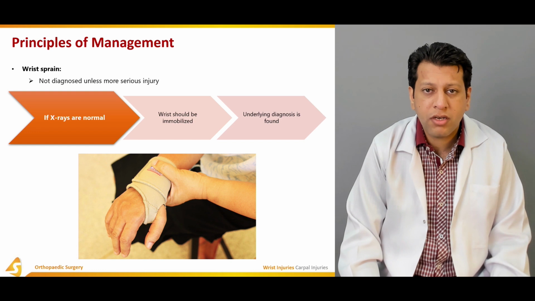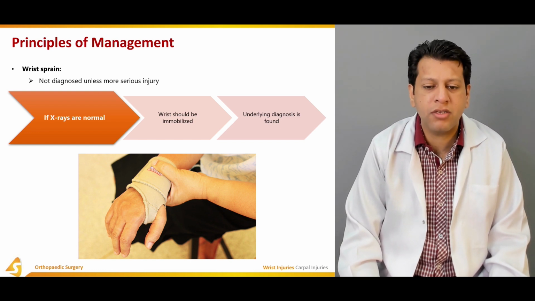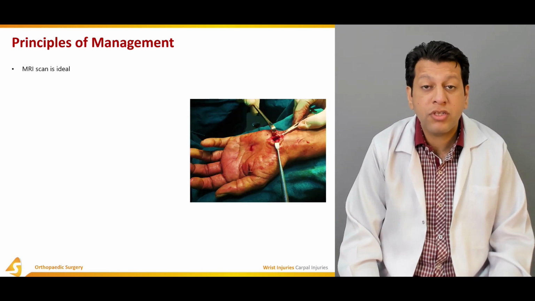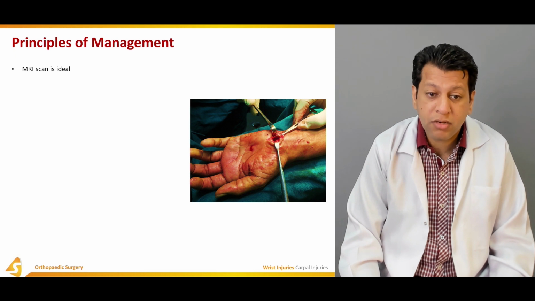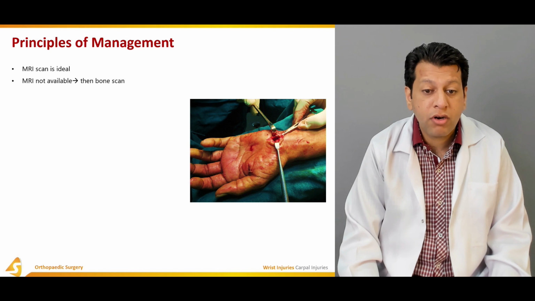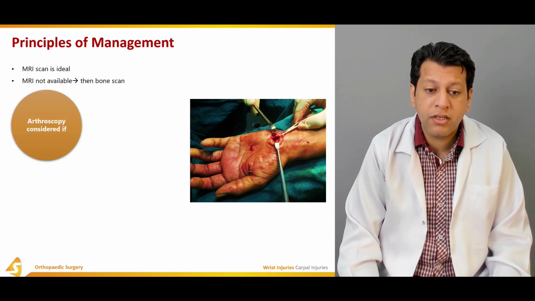Usually that is enough. The ligaments heal and the pain subsides later on. If there is an associated fracture or we suspect a gross ligamentous injury, then an MRI scan is ideal. If MRI is not available, then we will have to go for a bone scan or radioisotope scanning.